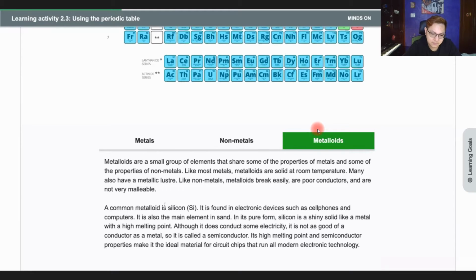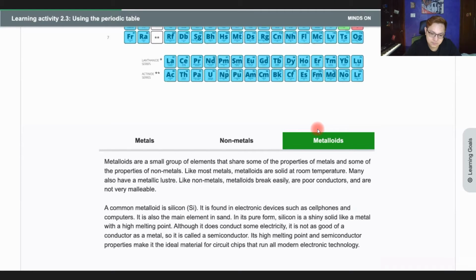A common metalloid is silicon. It is found in electronic devices such as cell phones and computers. It is also the main element in sand. In its pure form, silicon is a shiny solid like a metal with a high melting point.